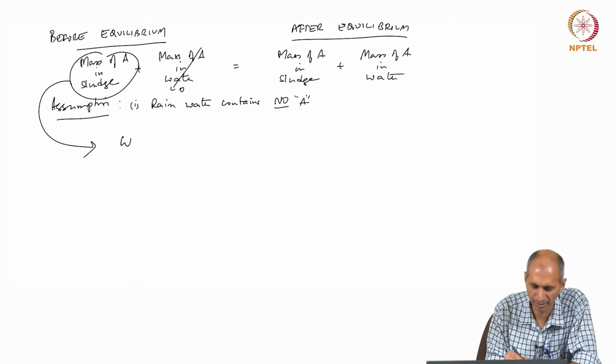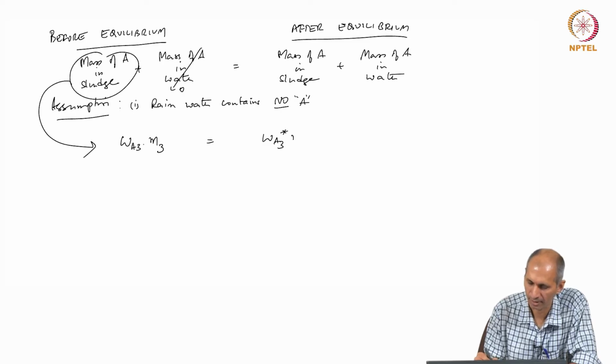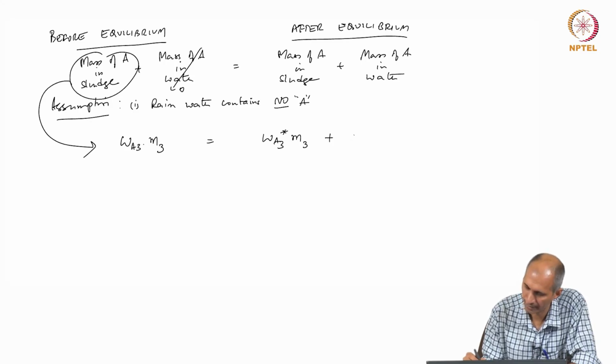Using WA3 into M3 equals, at equilibrium, it will be WA3 star M3 plus, into V2.